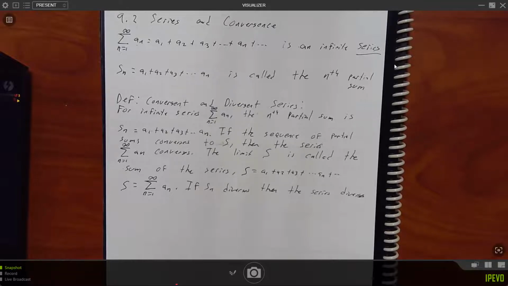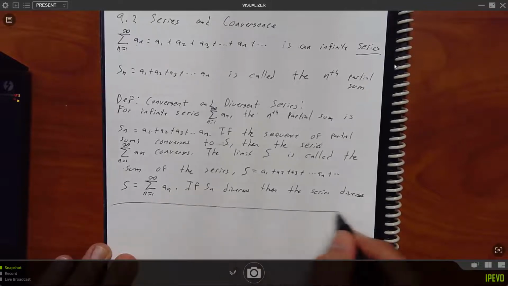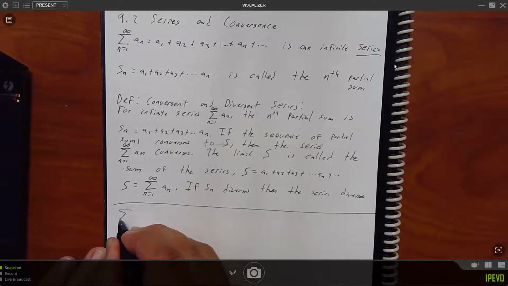The first example. Oh, I just need to give you another formula. This kind of series right here is called a geometric series.